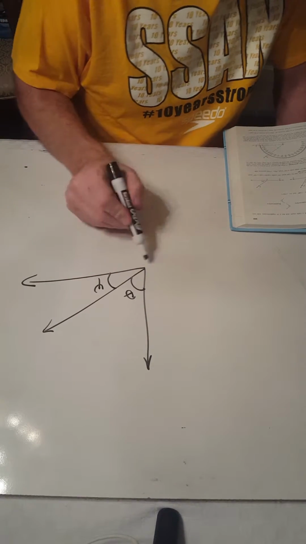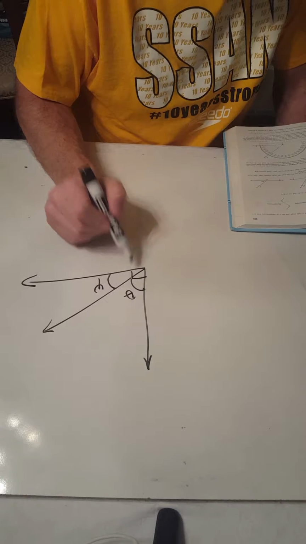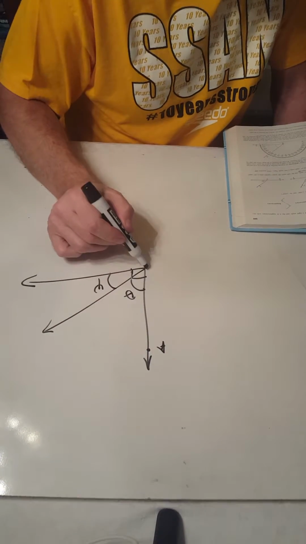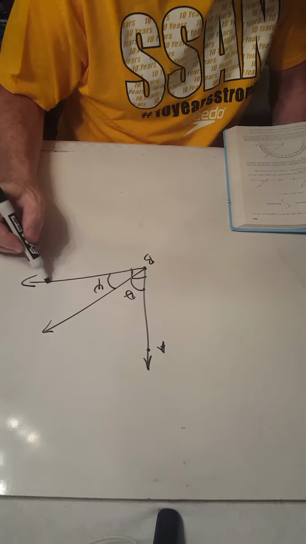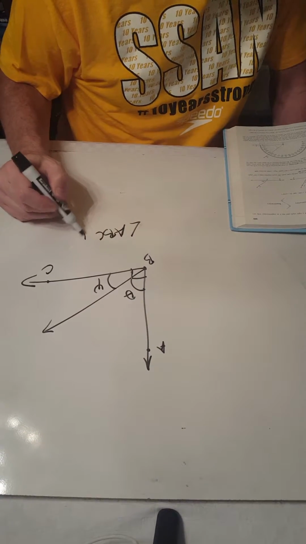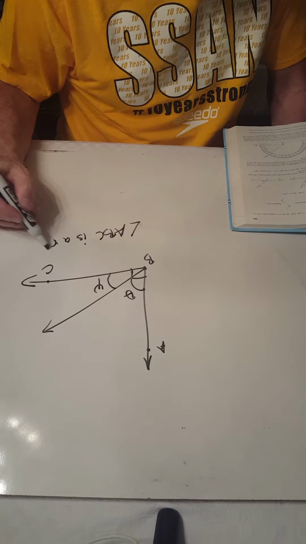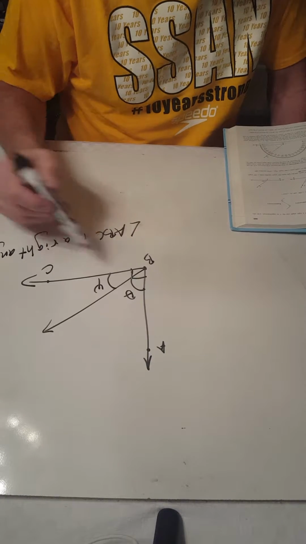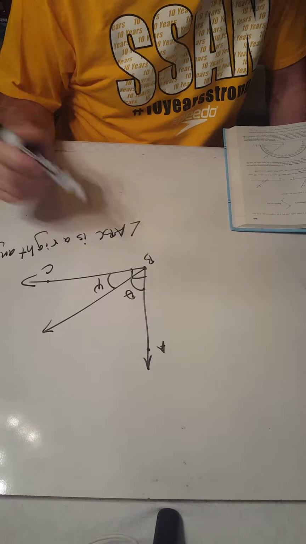If let's say that this is point A and this is point B and this is point C, if you're told that angle ABC is a right angle, then theta and phi are complementary.